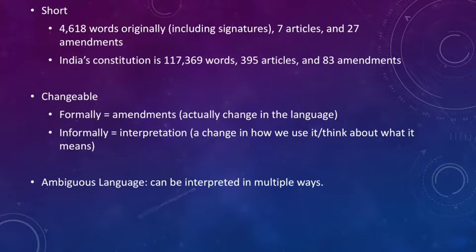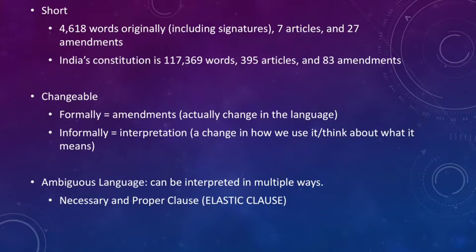For example, there is what we call the necessary and proper clause, which is a clause in our Constitution that basically says that the U.S. Congress can do all things necessary and proper for protecting our nation and for protecting the U.S. Constitution and our country. And this is typically called the elastic clause because it allows Congress to kind of stretch its power into new fields and into new subjects as it sees fit.